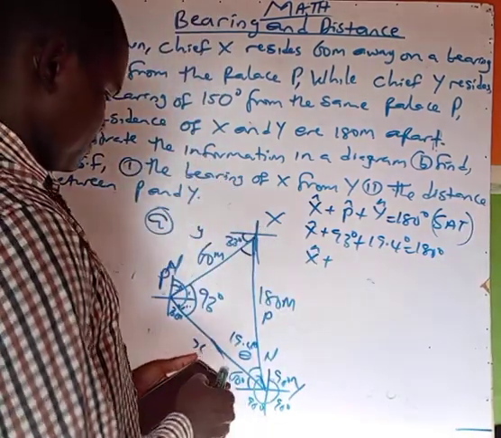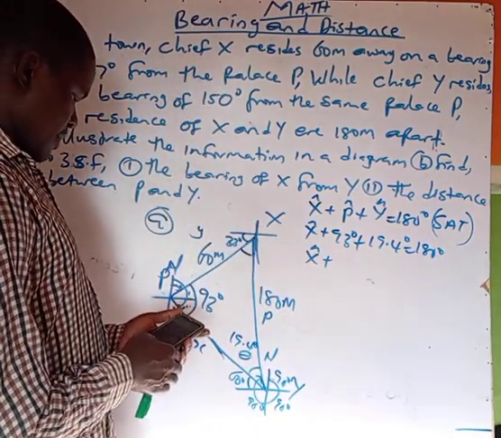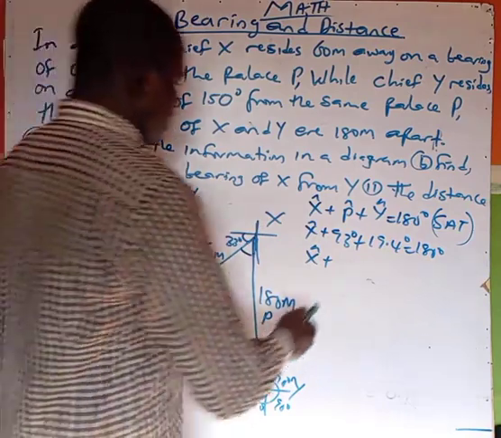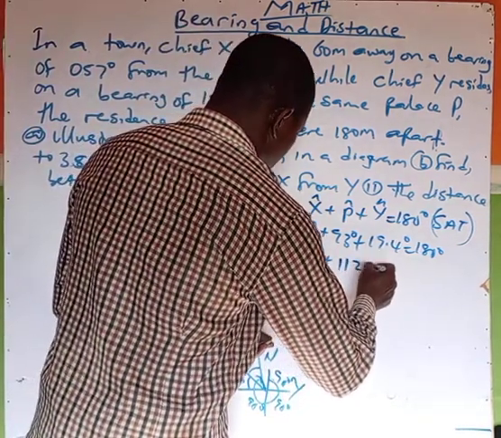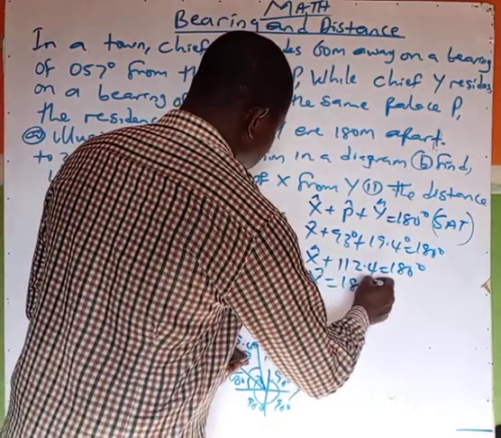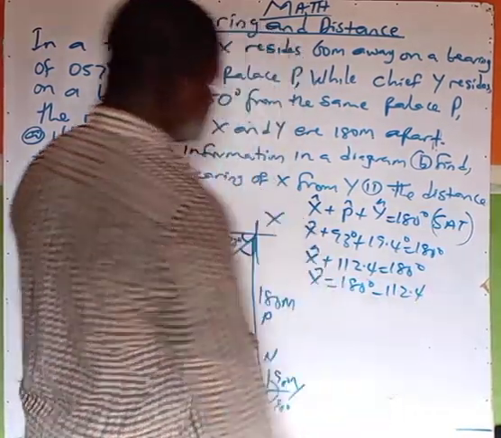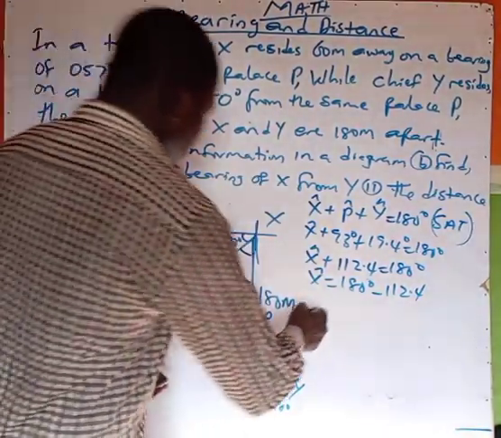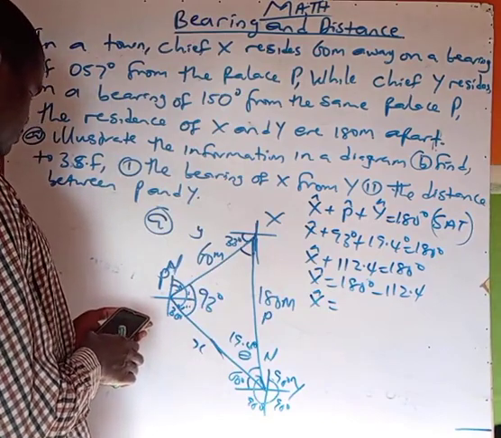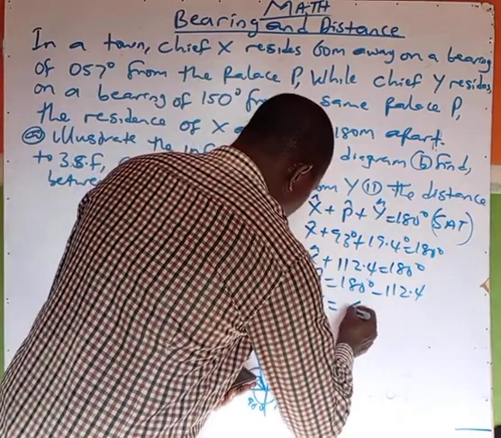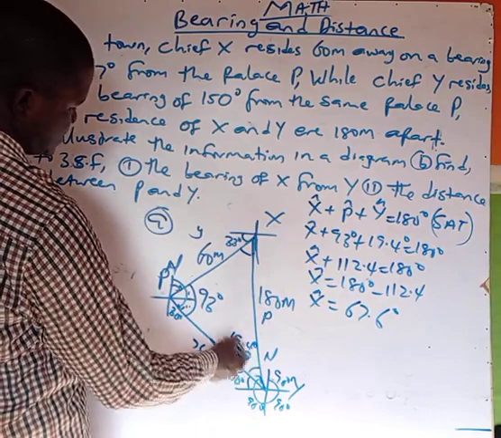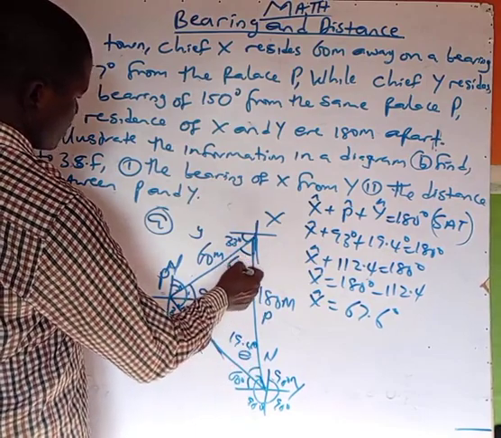So you add them together: 93 plus 19.4 gives 112.4. So angle x equals 180 degrees minus 112.4, which gives you 67.6 degrees.